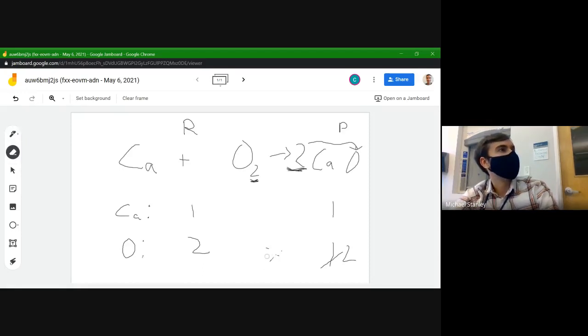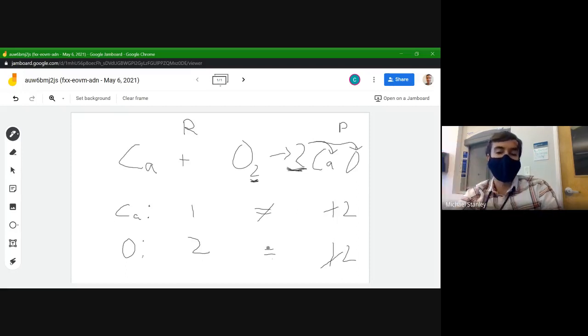But this 2 also goes to our Ca, right? So now we don't have 1 Ca on this side anymore. We've got 2. So our O's are balanced and equal. Yay! Our Ca's are no longer balanced and equal. Oh, bummer.